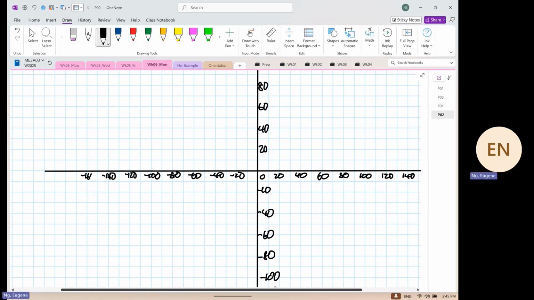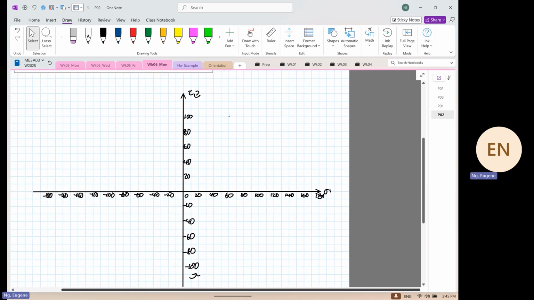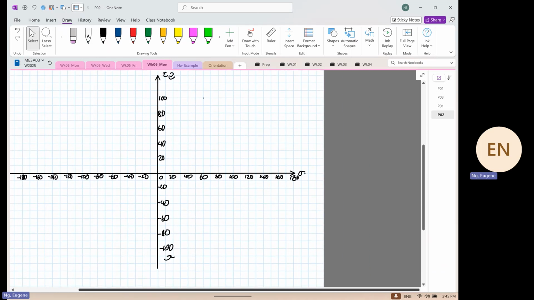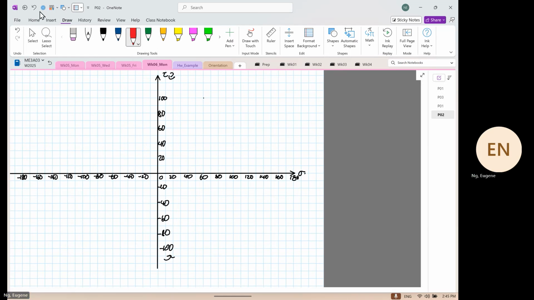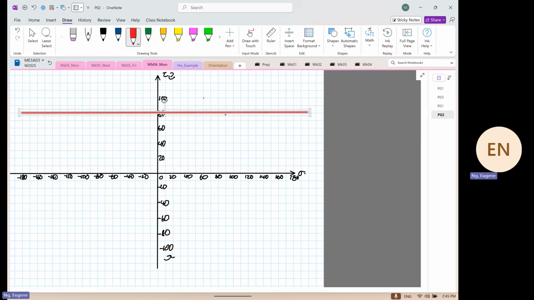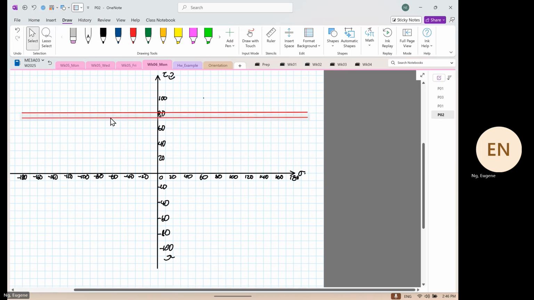140, 160, 180. Okay. And then we are going to sketch our box. Okay. So the box is 73 in terms of shear. So I'm going to sketch the green line in red, 73. Okay. So I'm going to eyeball this. And this is my 73. Okay.